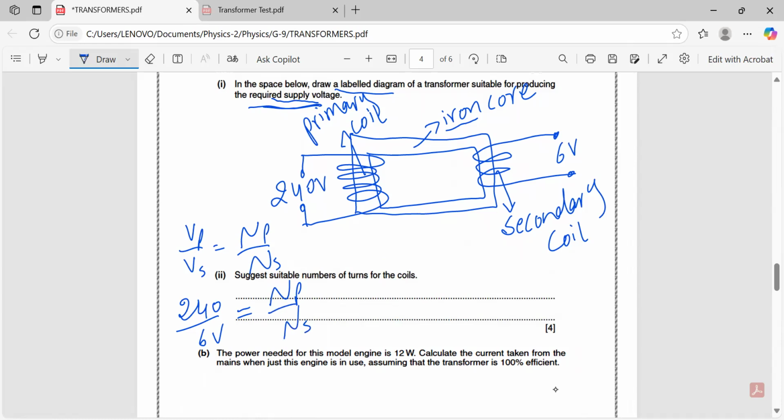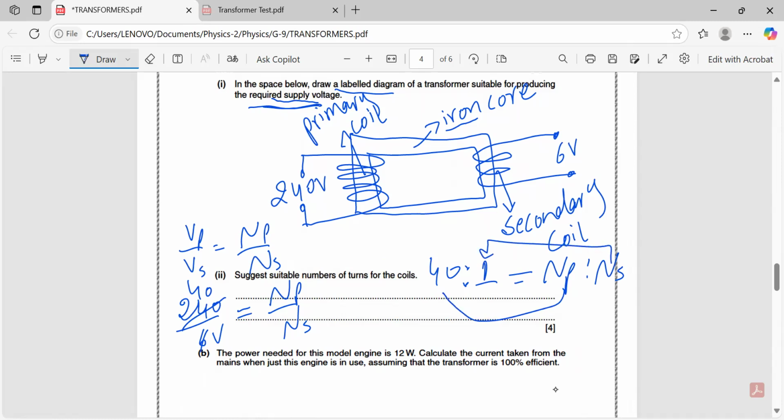When you cancel this down, you will get 40 ratio 1, which is Np ratio Ns. It means the number of turns in the primary should be 40 and in the secondary should be 1.